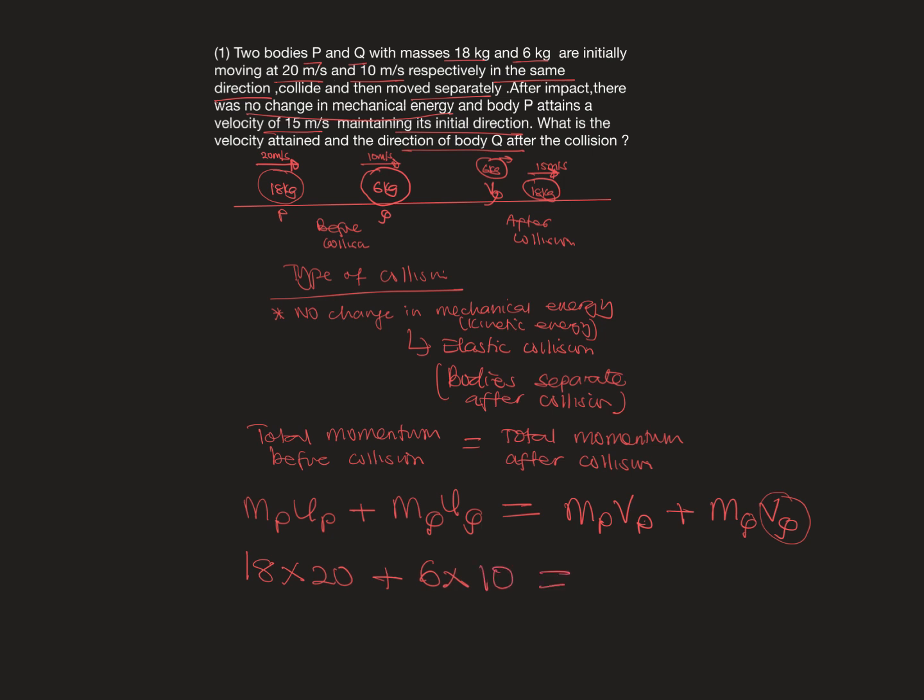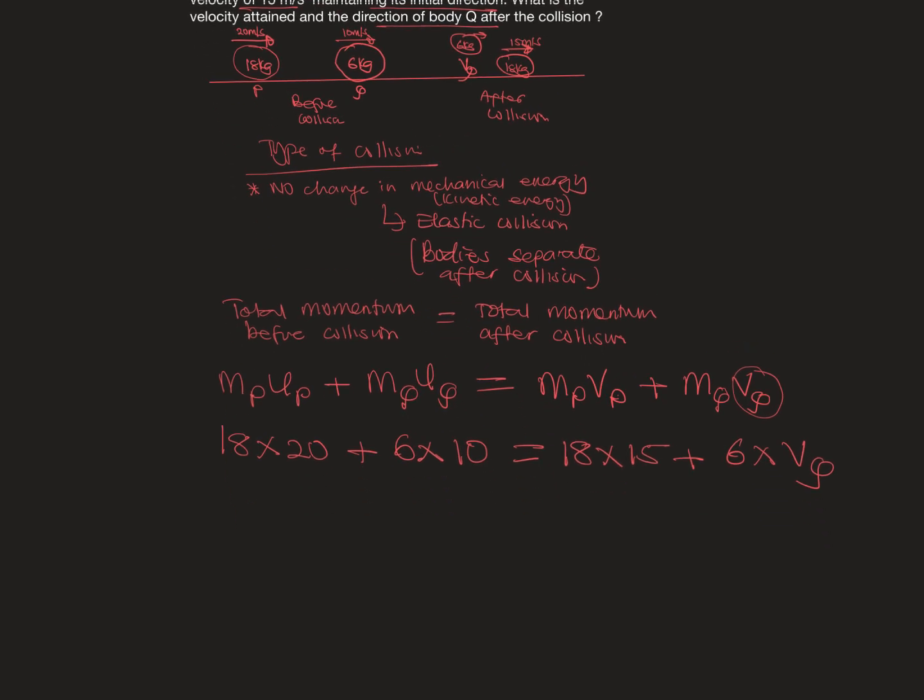This is equal to the mass of P, 18, multiplied by the final velocity it attained, 15, plus the mass of Q, 6, multiplied by the final velocity of Q, which we are finding. So 18 times 20 gives 360. 6 times 10 gives 60. This is equal to 18 times 15 gives 270 plus 6 VQ.